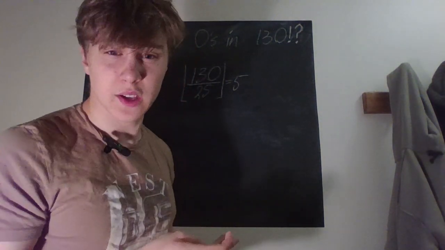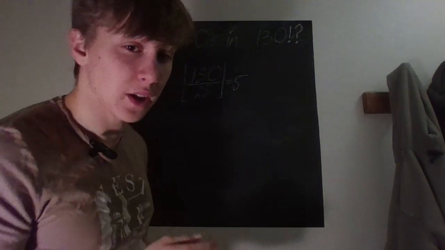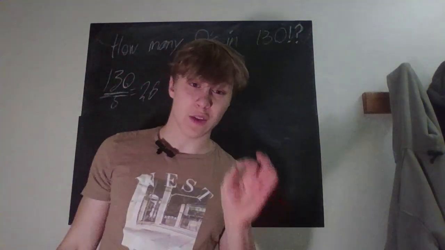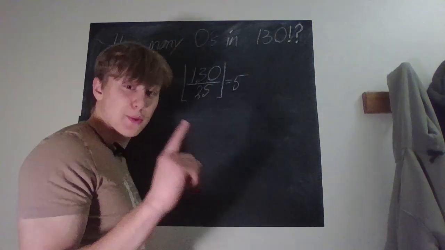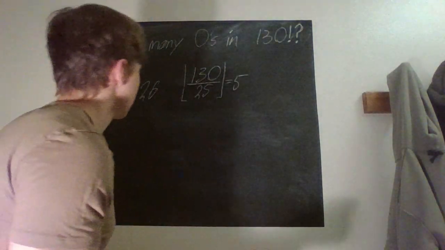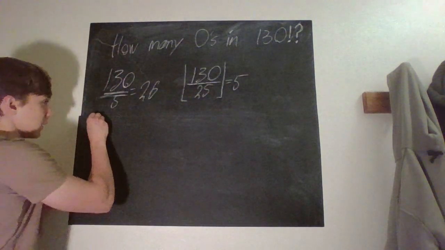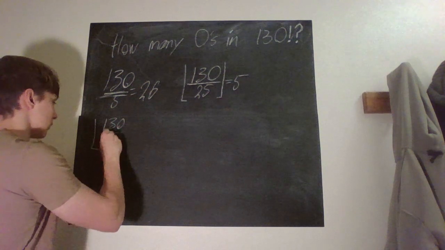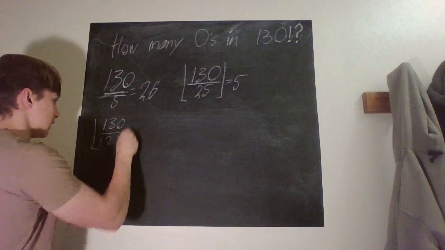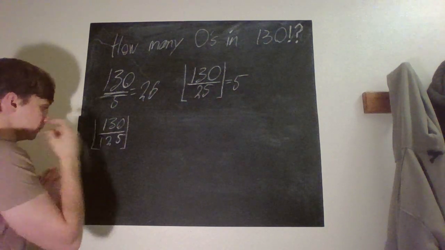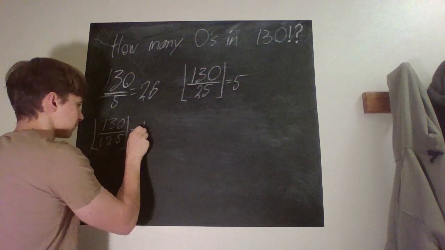And what did I just say there? I said 125. What is 125? 125 is 5 cubed. There's 3 5s in 125. So we do the same thing. We do 130 over 125, and this floor, and then we get a 1.